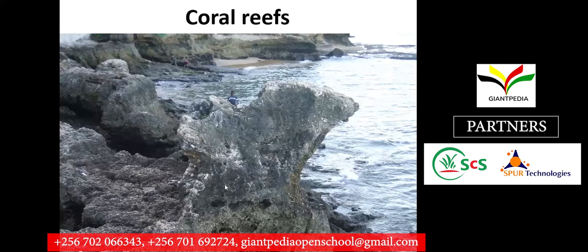The water body must be tropical, where there are warm ocean currents, and it must be marine, salty waters, not fresh waters. Coral reefs are made from marine organisms, so you cannot find them in a place where there are no marine waters.